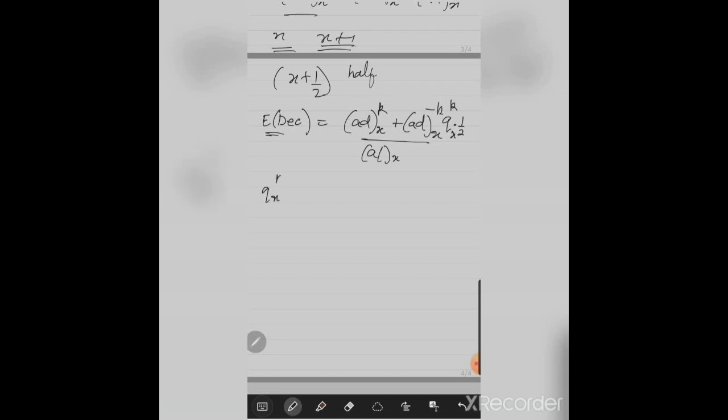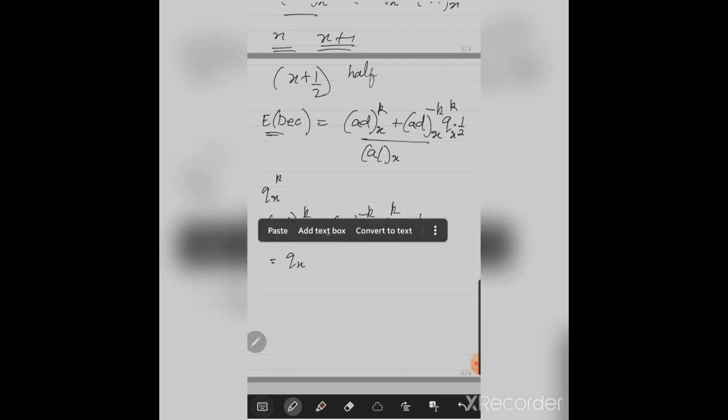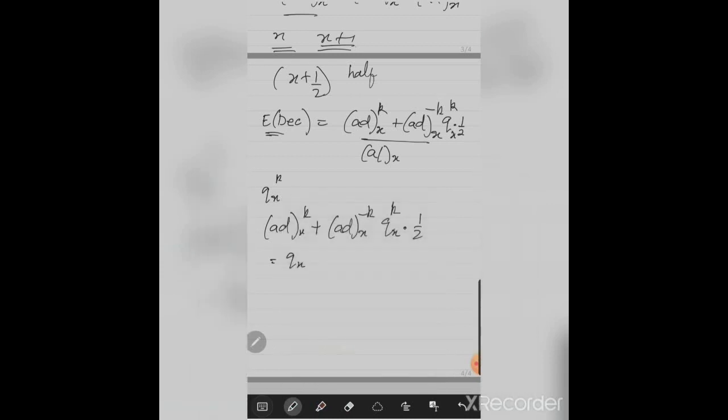So our QXK, here we're directly, or if I look at it the other way, if you take the cross multiplication, ADXK plus AD minus K x times Q K x times 1 over 2. So this is nothing but QXK times ALX.